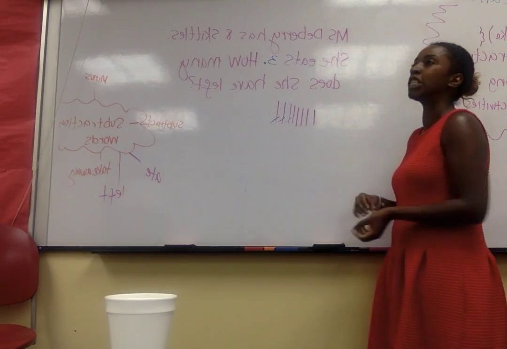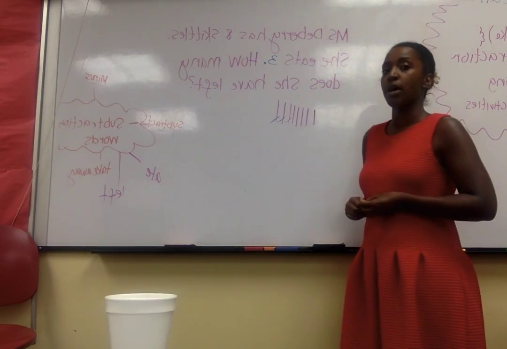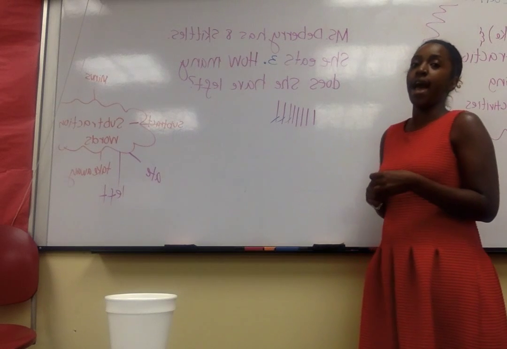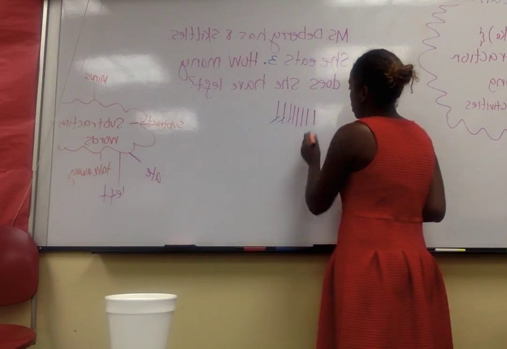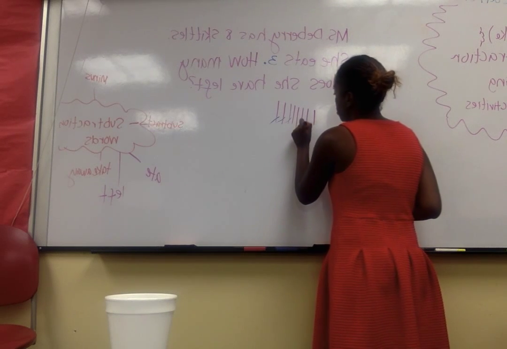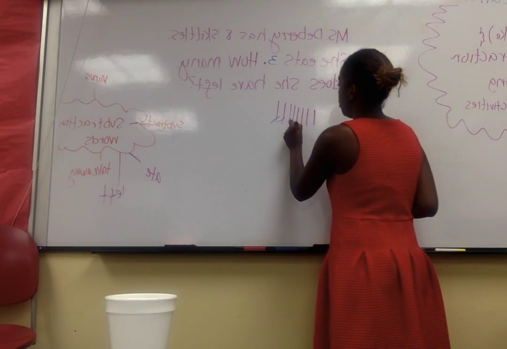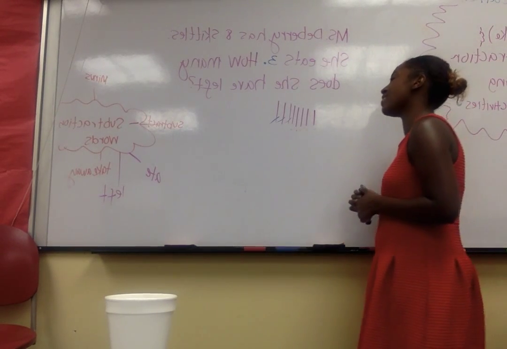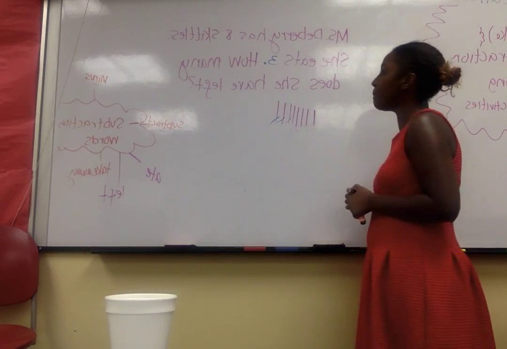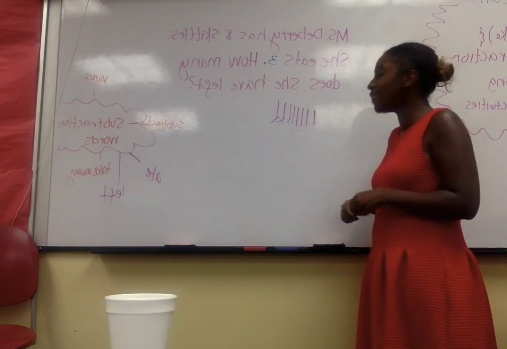And these tally marks will represent the number of Skittles that I have left. I have 1, 2, 3, 4, 5 Skittles left. So I can say that 8 minus 3 is 5.